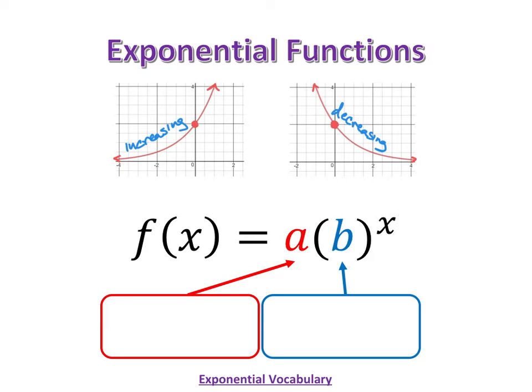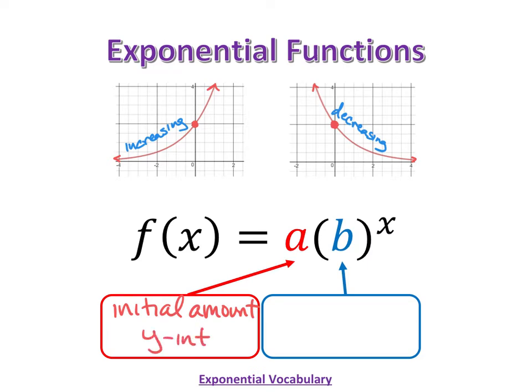Like the m and the b are particular in y equals mx plus b, the a and the b here are also particular. The a, or the first number in this formula, is the initial amount. And we know through studying linear equations that the initial amount is my y-intercept.